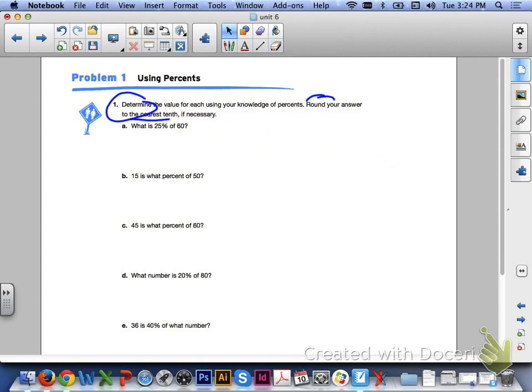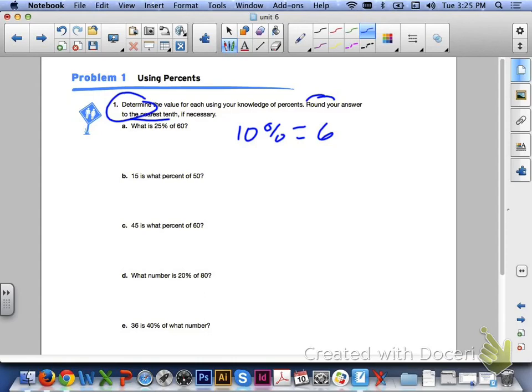Another way to solve that problem is by listing partial percents. So 10% of 60 would equal 6. Another 10% would equal 6. And then I have 5 more percent.